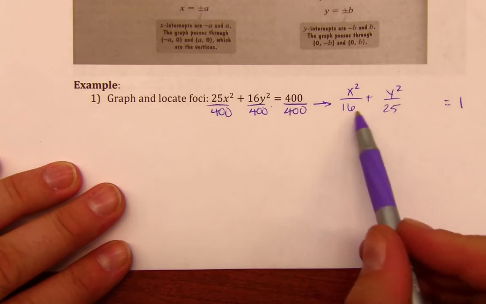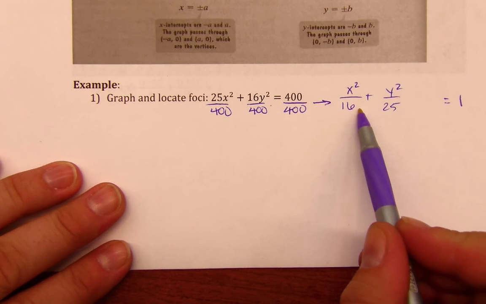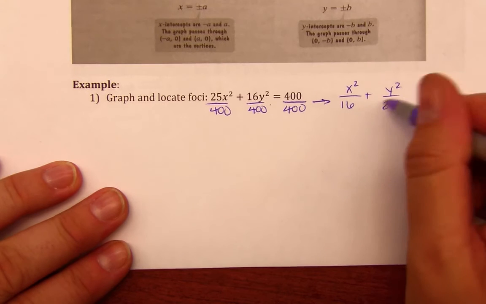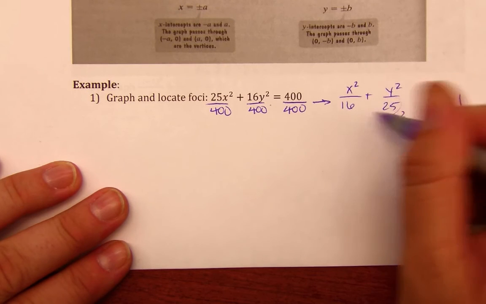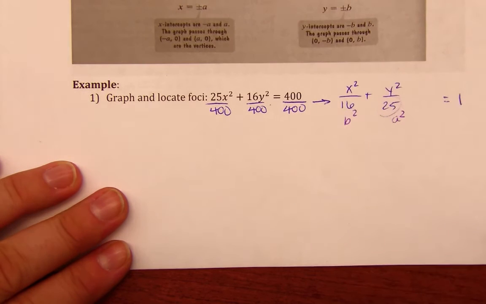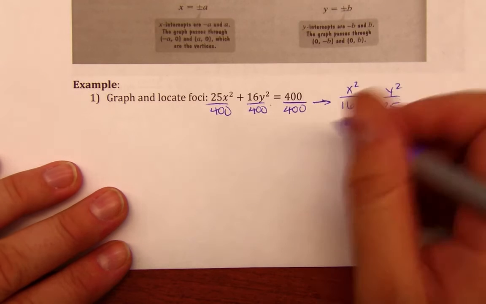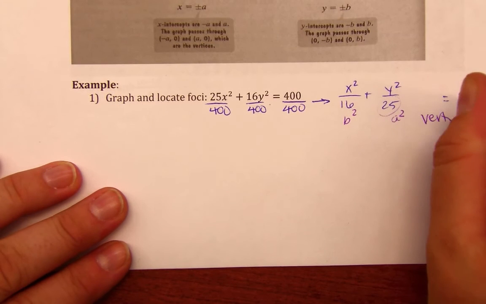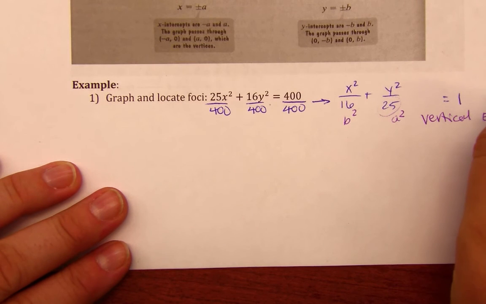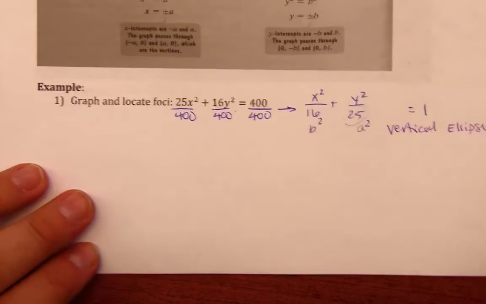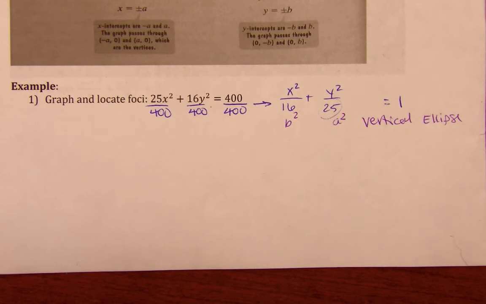Now, depending on which one of these is bigger, that will be our A value, and that will tell us if this is vertical or horizontal. This is our A value, and this is B squared. And so this means that this is a vertical ellipse.